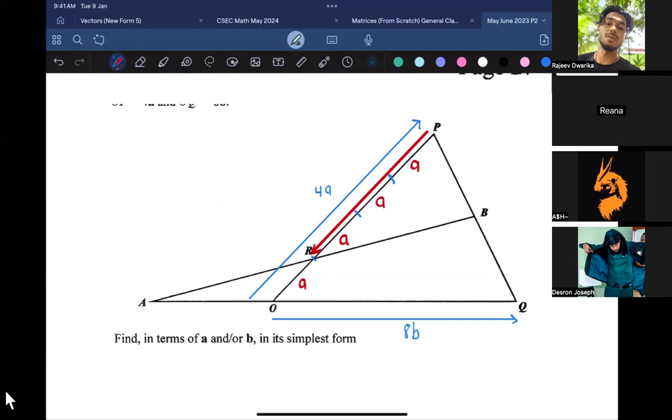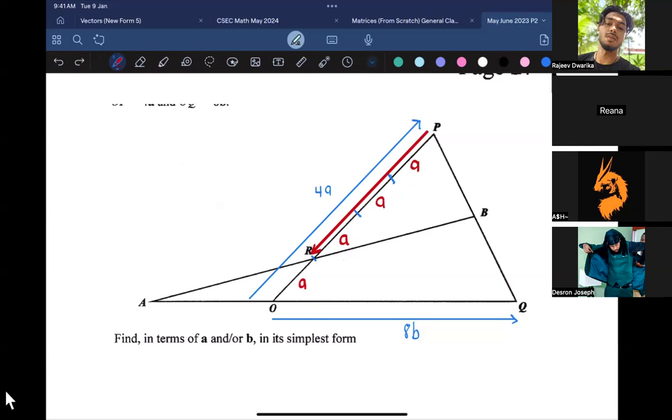That's correct. And how many O to R's will it take to make O to P? Just by looking at the diagram, 4.